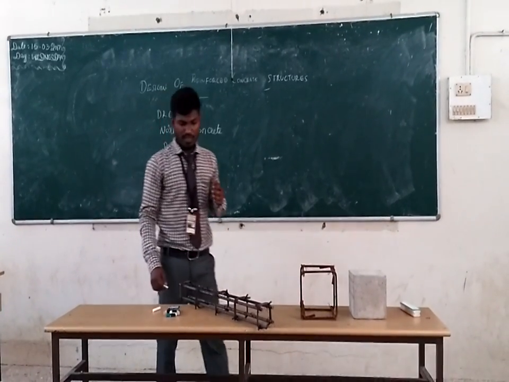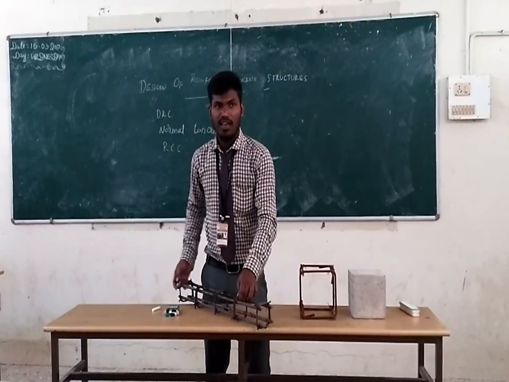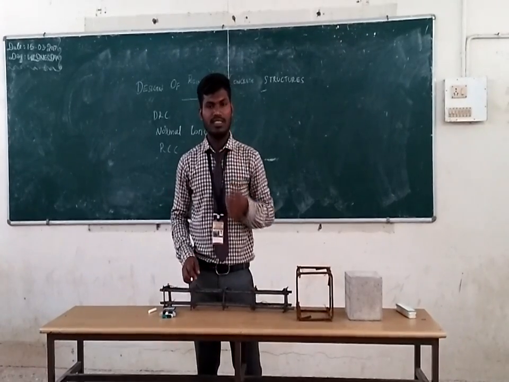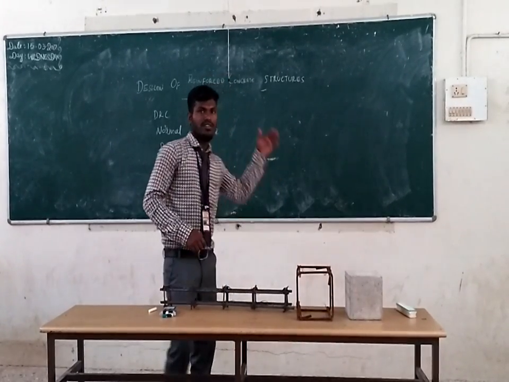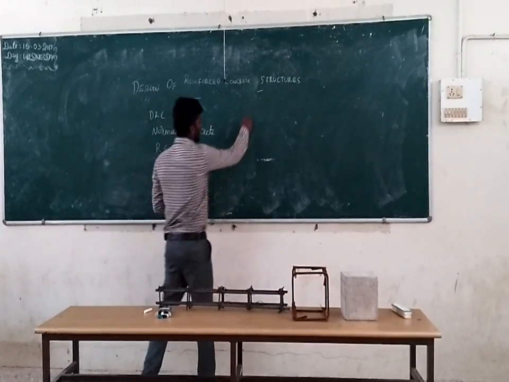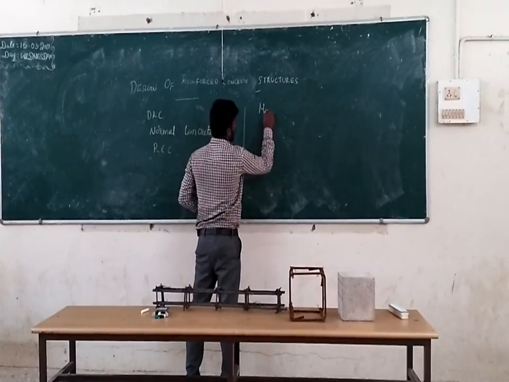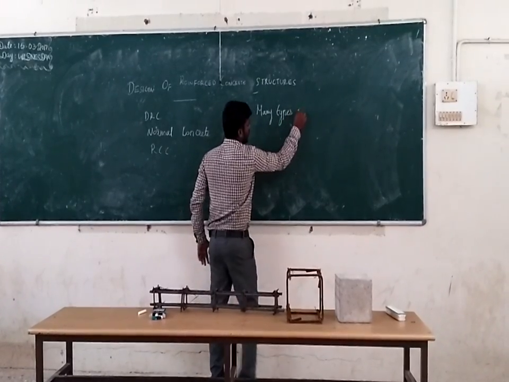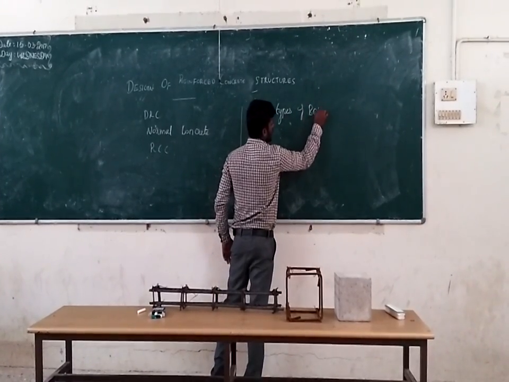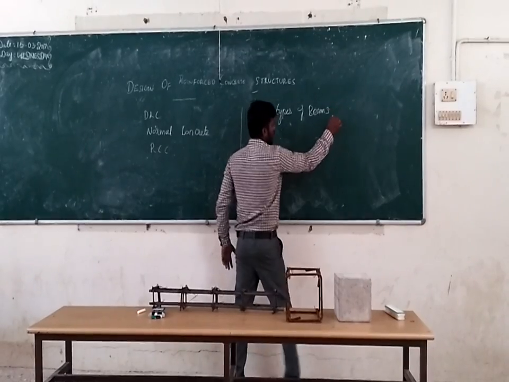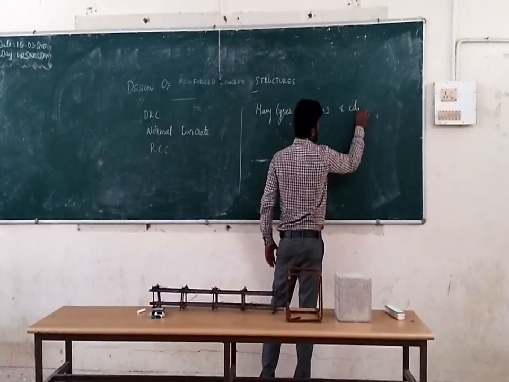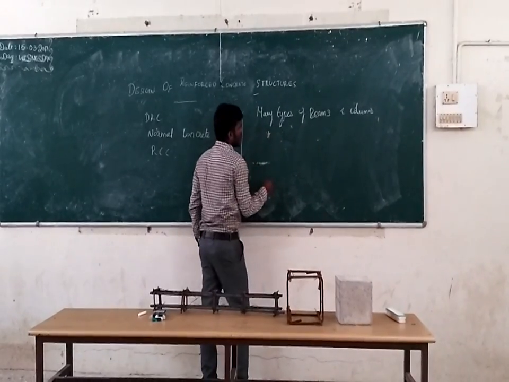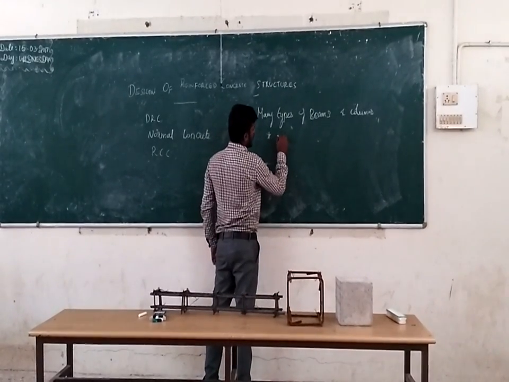As we all know, since we have studied in our junior classes like mechanics of solids and strength of materials, we have seen many types of beams and columns. For example, what are the types of beams?